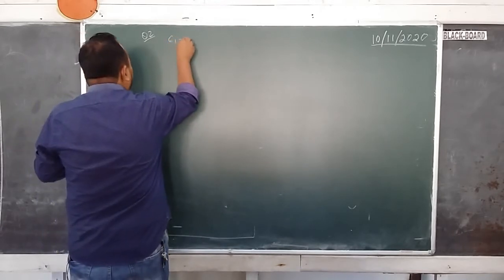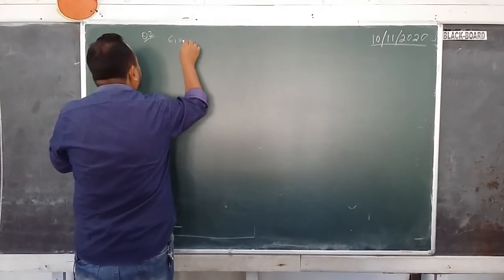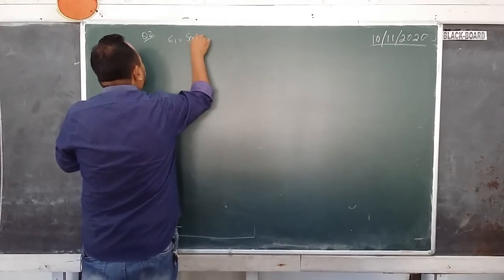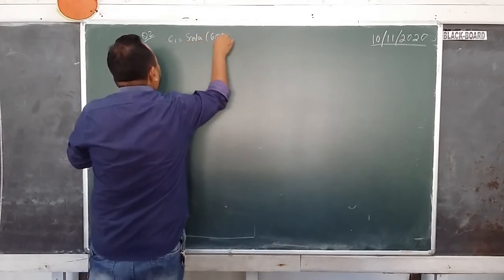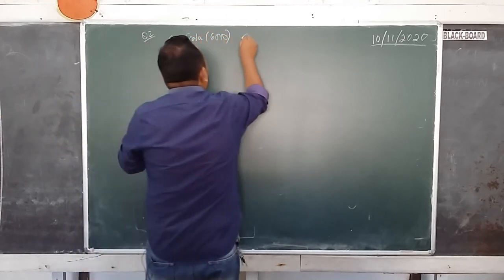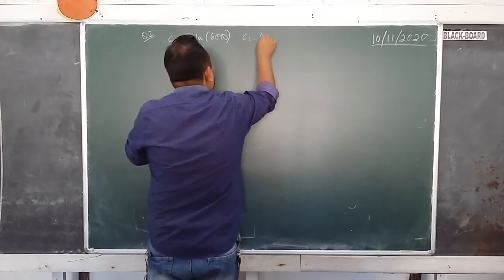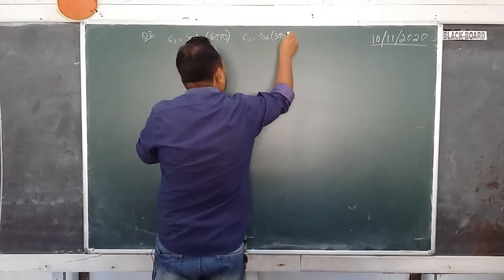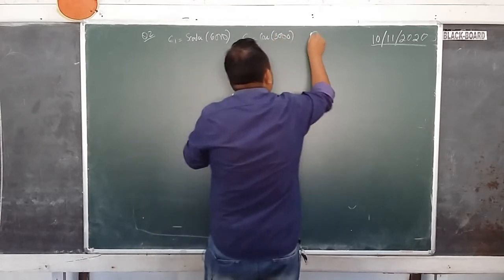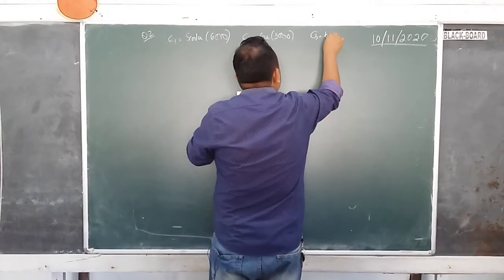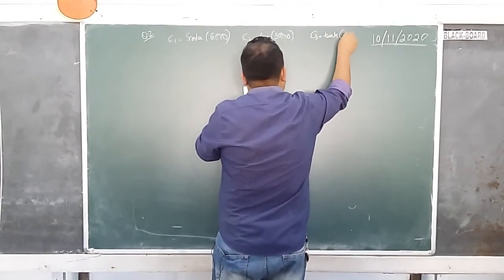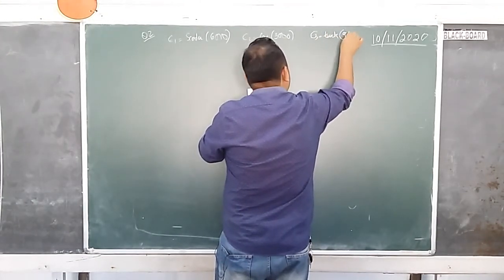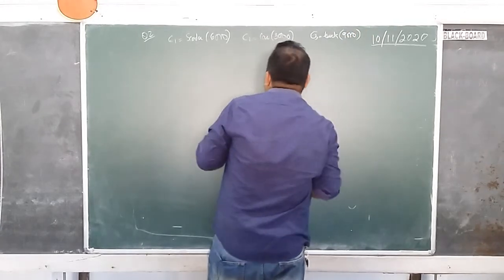So E1 is a scooter rider, there are 600 of them, and E2 is a car driver, there are 3,000 of them, and E3 is a truck driver, there are 9,000 of them. Is that clear?